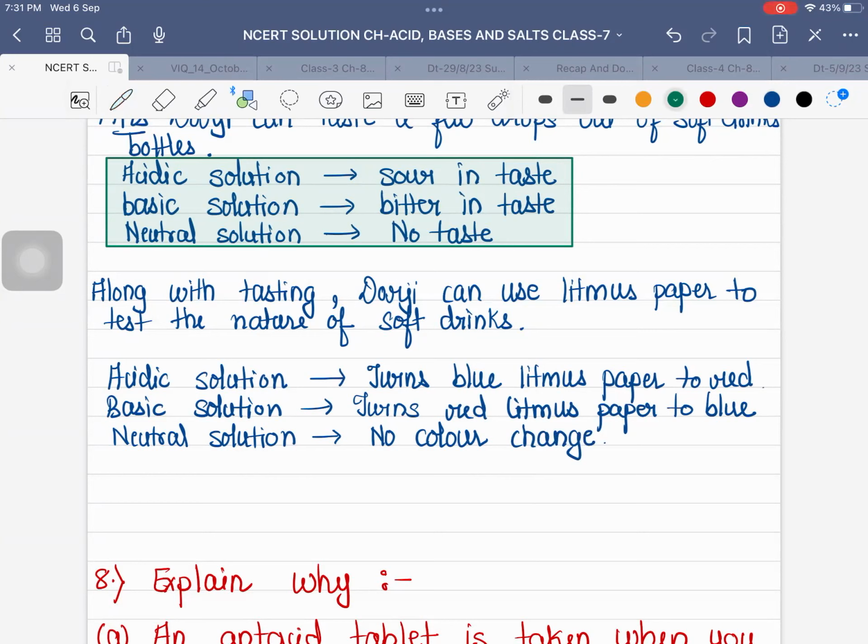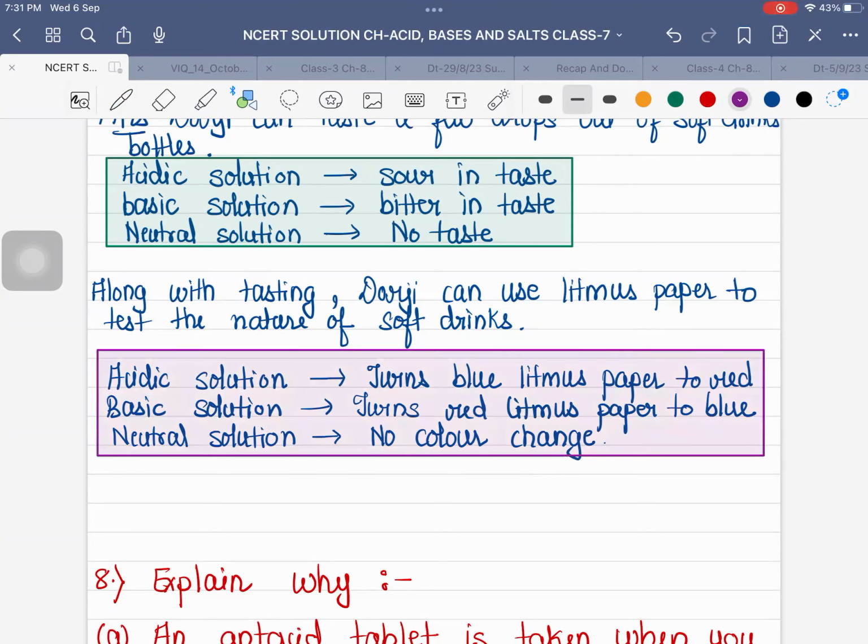So by this method, Dorji can identify which drink is acidic, basic and neutral.